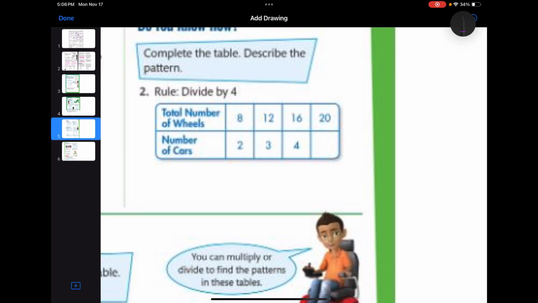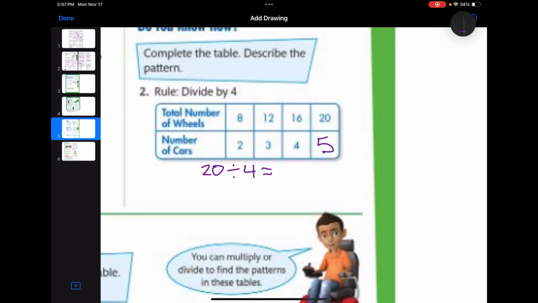We divide it by 4 and we get 3 cars. 16 total wheels. We divide it by 4 and we get 4 cars. 20 total wheels. We're going to divide 20 divided by 4 and we'll get 5 total cars.